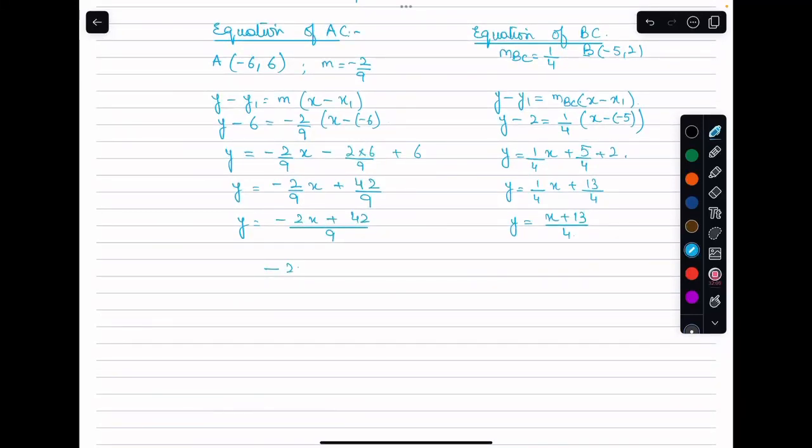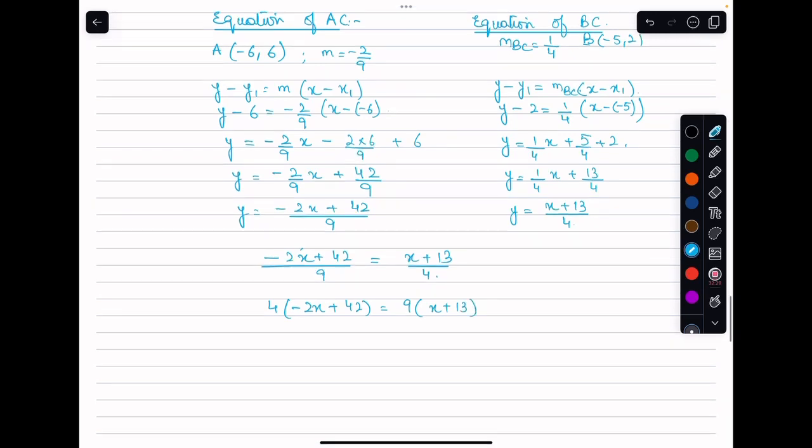Equating them, I can say it's (negative 2x plus 42) divided by 9, which should be equal to (x plus 13) divided by 4. So it's 4 times (negative 2x plus 42), which will be equal to 9 times (x plus 13).